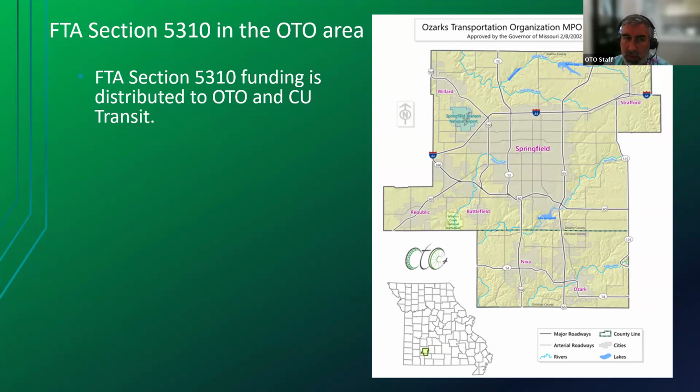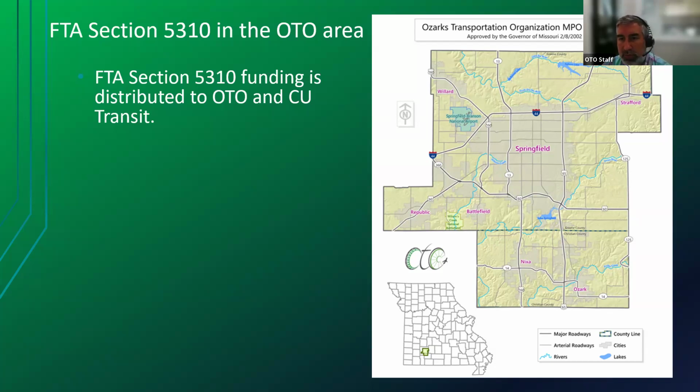If you had vehicles in the past, you still have to go through MoDOT on some of the reporting, but OTO will now, especially for the funding we're doing on the vehicles, do the call for projects and then administer the program, so purchase the vehicles, and also do the reporting and oversight.